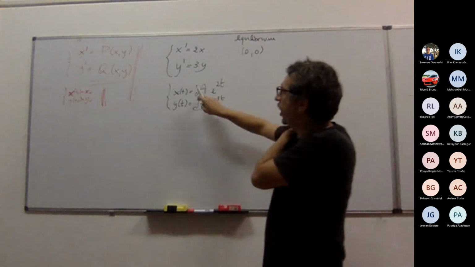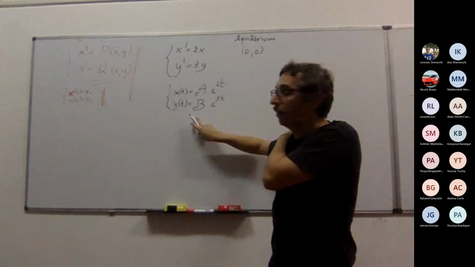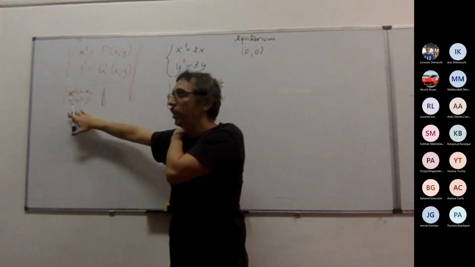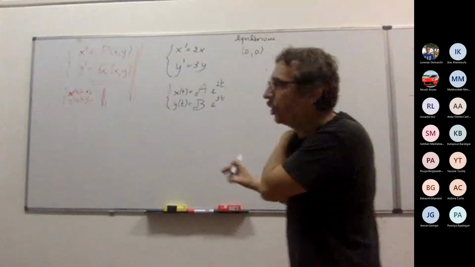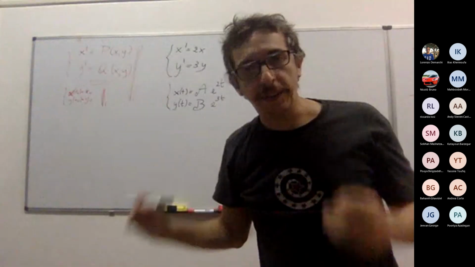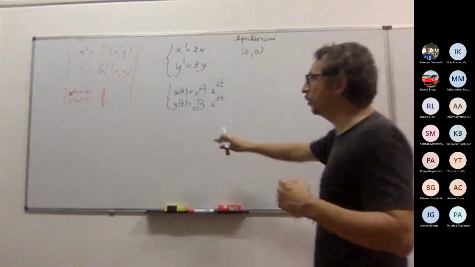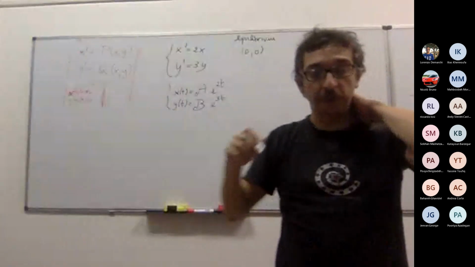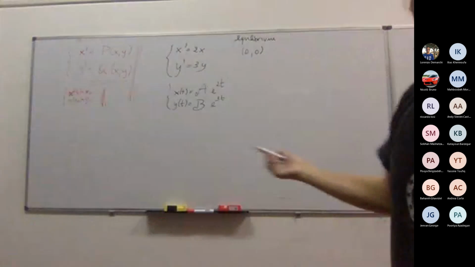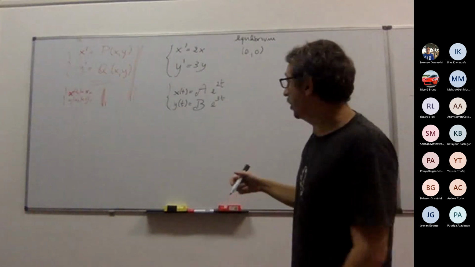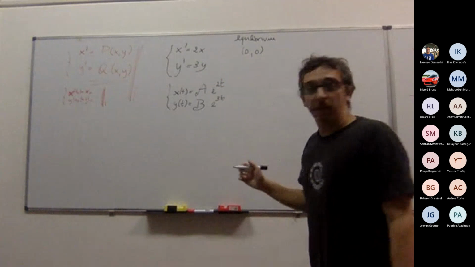Of course, A and B will be fixed if I'm also given the initial data. I don't want to give the initial data because I want to explore the entire phase plane. So I want to explore all the possible orbits, all the possible curves that solve this system here.